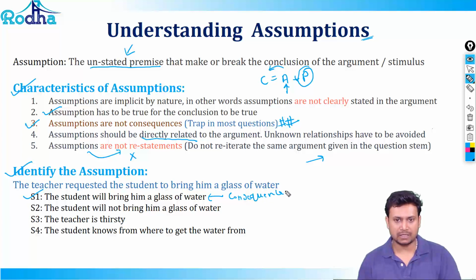Assumptions are not consequences. Student will bring him a glass of water, student will not bring him a glass of water. All these are consequences, and both of them are absolutely wrong.